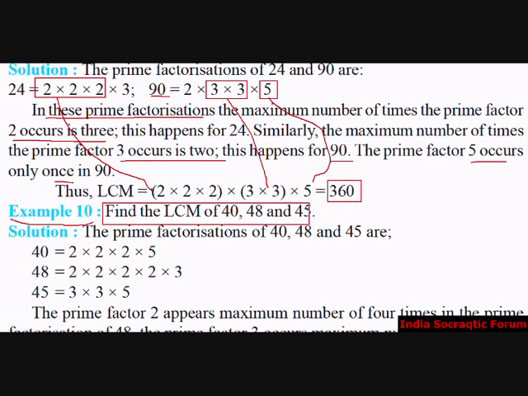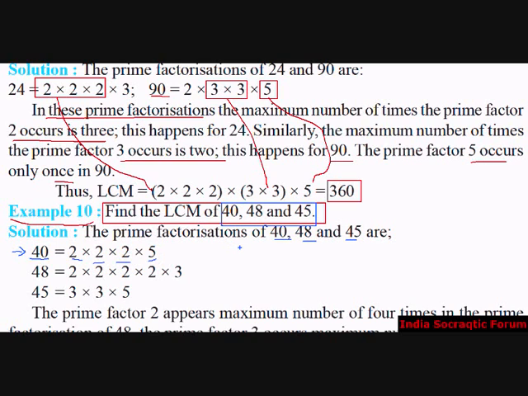So let's take example 10. Find the LCM of all these 3 numbers: 40, 48 and 45. What should we do first? Do the prime factorization of 40, 48 and 45. The first one, 40, can be factorized into 2 into 2 into 2 into 5.